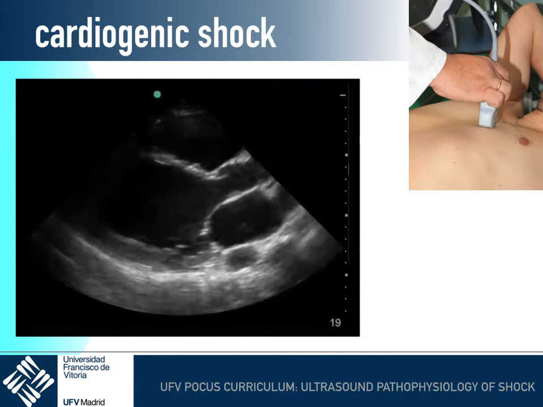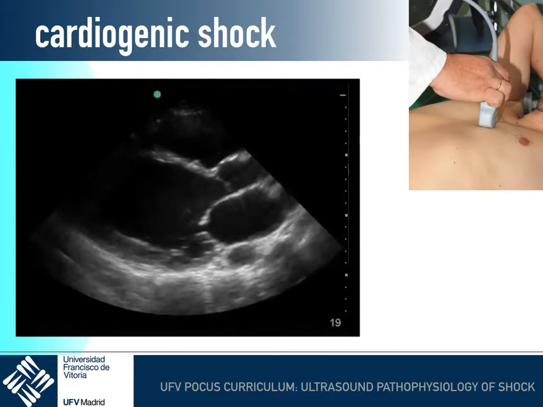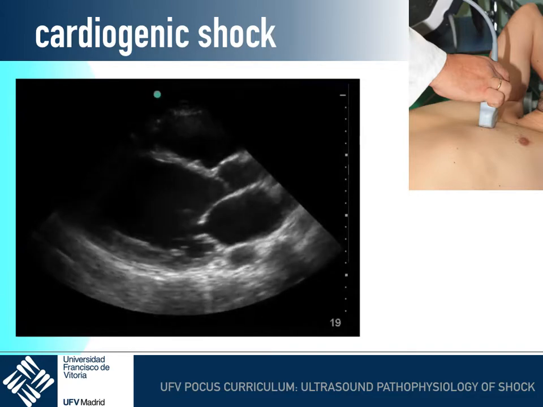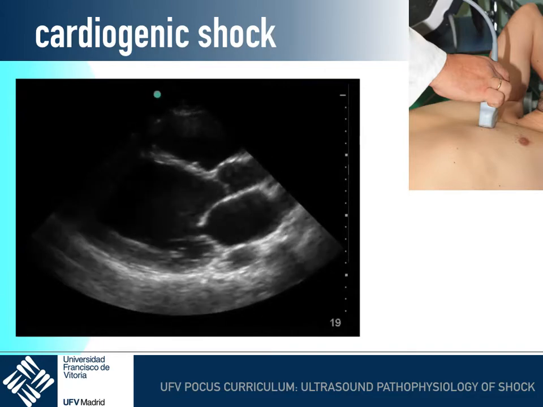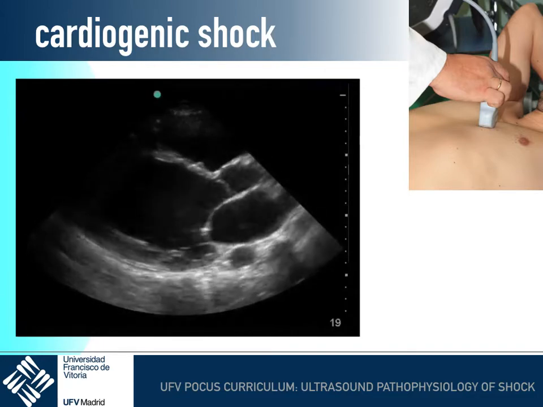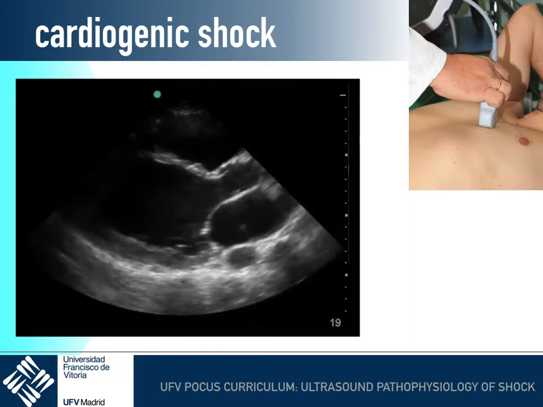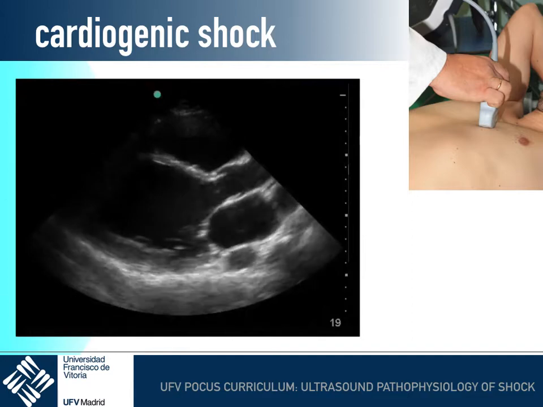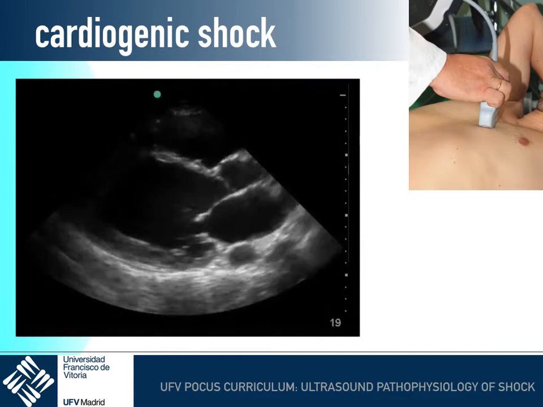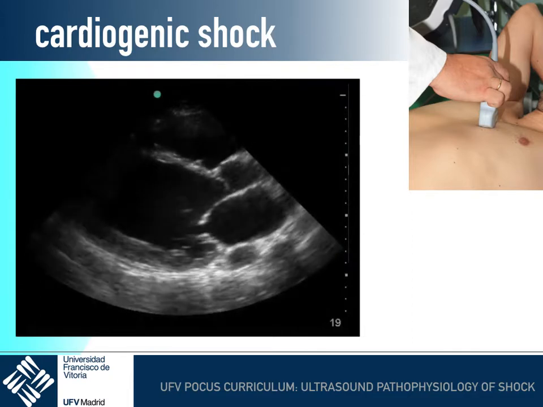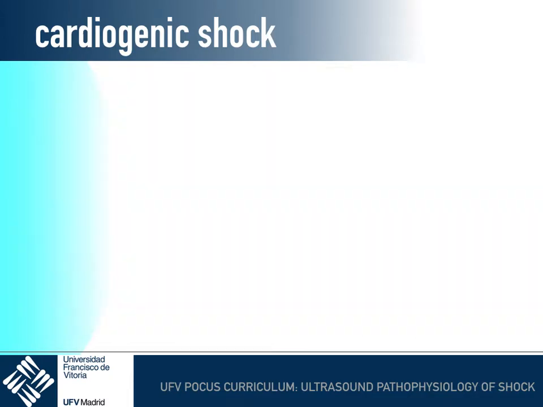So the walls, no movement at all, and the mitral valve does not open. And this is not a valvular problem. The problem is the lack of strength, the lack of a stream, of a flow that opens the valve. So it's a problem of no contraction.